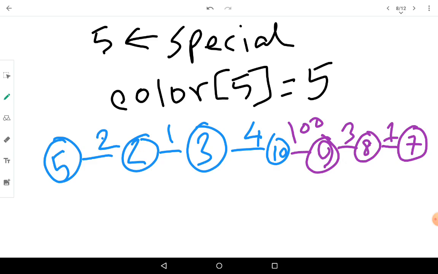Okay, so this is the situation we want to create, and we can actually create this in a very straightforward way. We can run a single Dijkstra, only one Dijkstra, where all of the special nodes will be the sources. So all of the special nodes are the sources, and we can actually keep track of which special node is giving the shortest distance for a particular node.